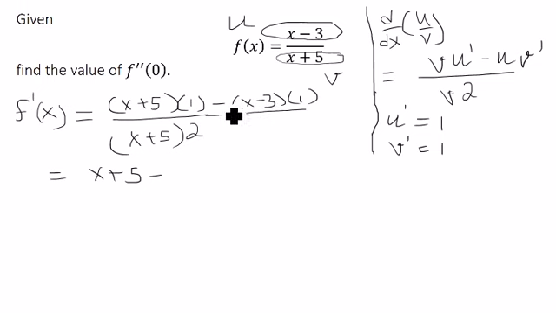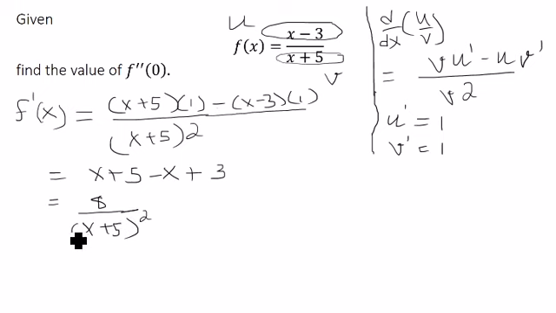So it becomes negative x, and negative negative 3 is a positive 3. Let's just do the numerator for a while, and then we can add the denominator. We can cancel these two x's, so it's going to be 5 plus 3, which is 8, and then the denominator I have is x plus 5 quantity squared.